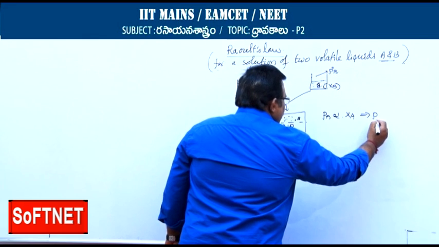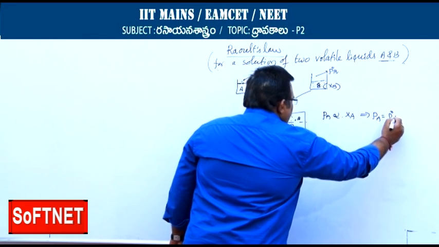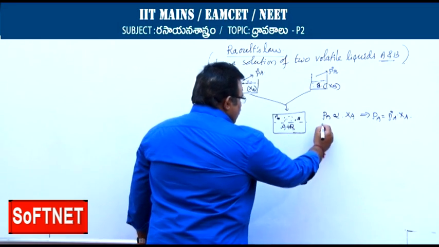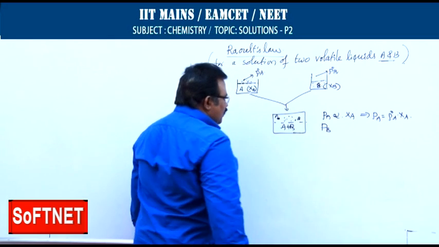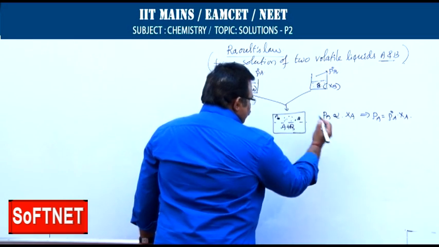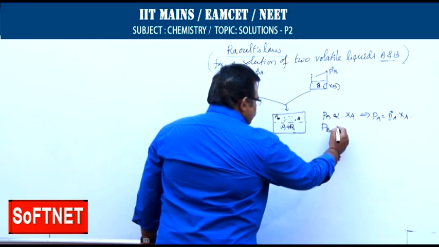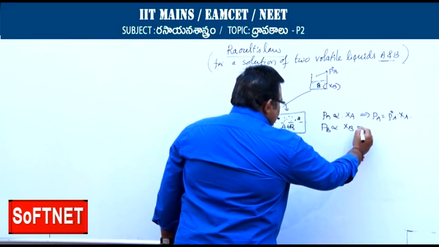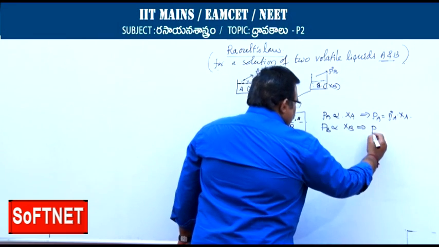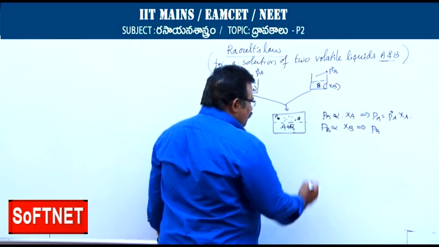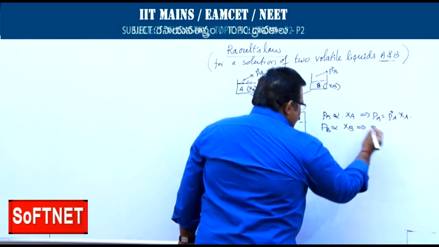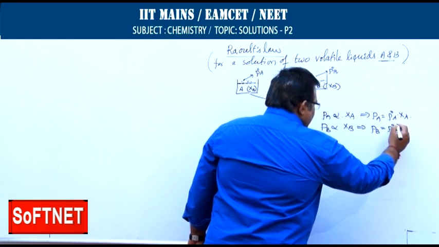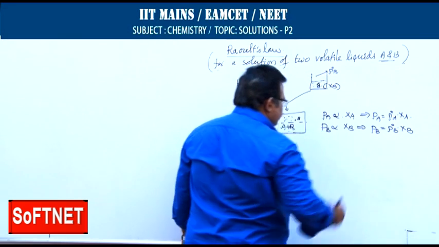That means PA is equal to P naught A into mole fraction of A. Similarly, vapor pressure of B in the mixture is directly proportional to XB. That means the vapor pressure of B in the liquid mixture, PB, is equal to P naught B into XB.